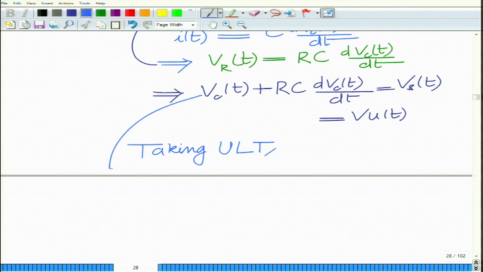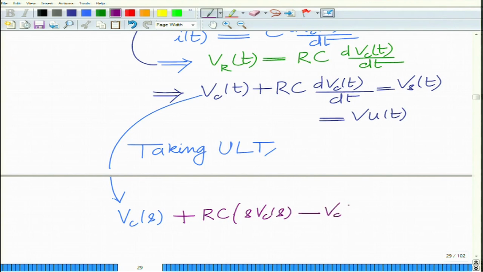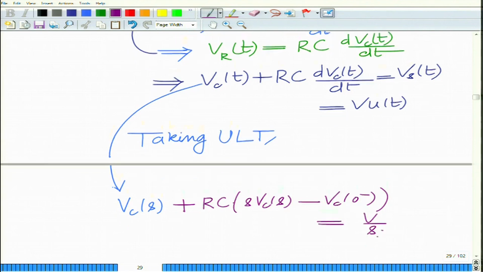Taking the unilateral Laplace transform, the transform of vC(t) is VC(s), plus RC times the transform of dvC(t)/dt, which as we have seen before is s VC(s) minus vC(0 minus), which is V naught, equals the Laplace transform of V u(t), which is V over s.